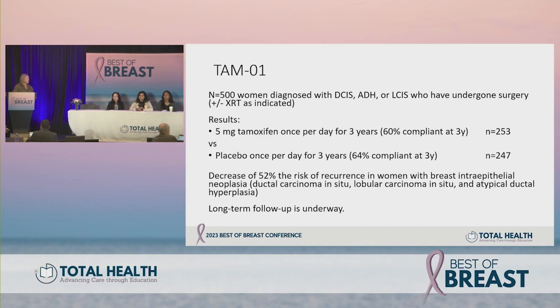And this showed that tamoxifen 5 milligrams a day for only 3 years actually decreased the risk of recurrence by 52%, also the risk of developing breast cancer. So in patients who cannot tolerate the regular dose, 20 milligrams a day, this becomes a welcome option. The side effects, when they looked at it, were much easier to tolerate.